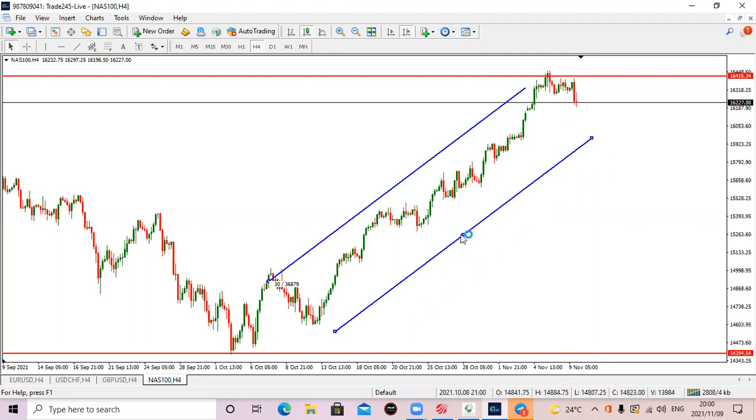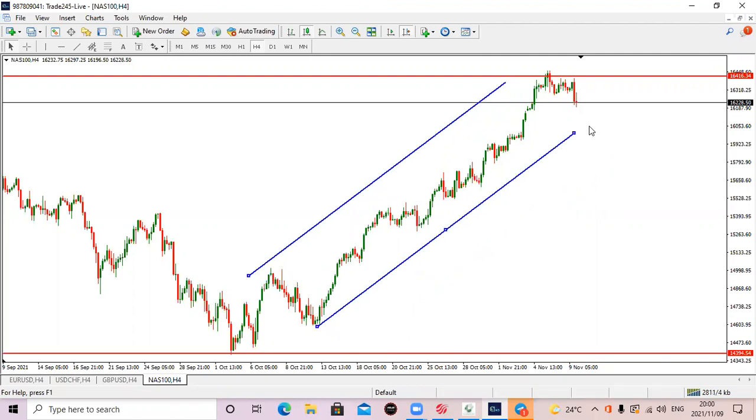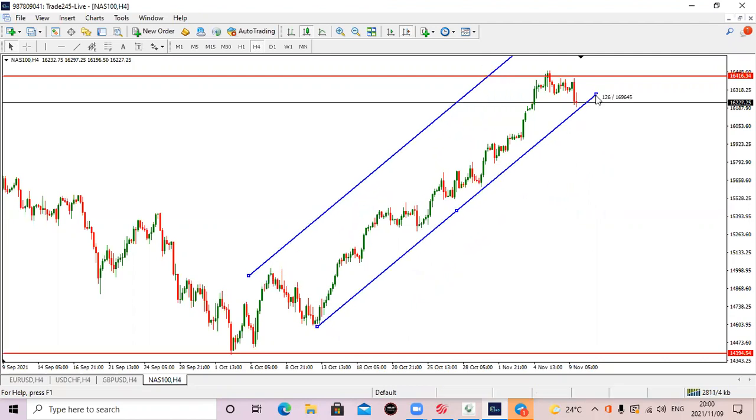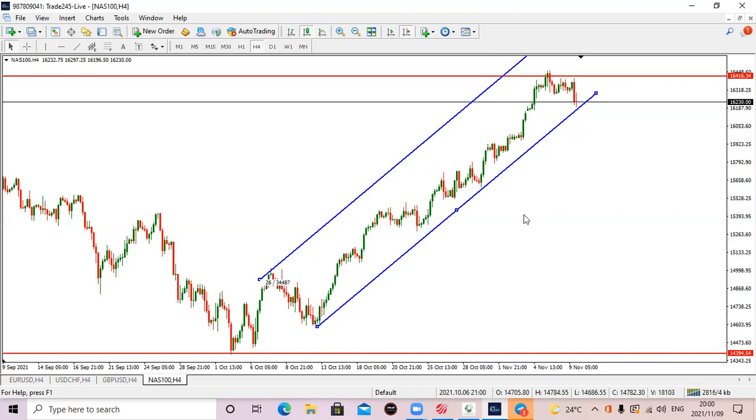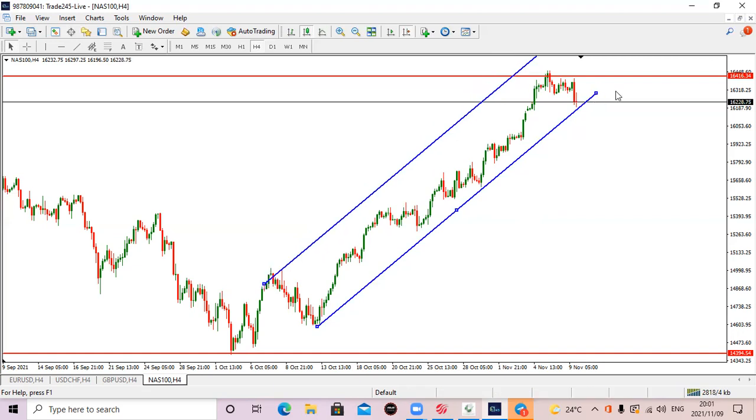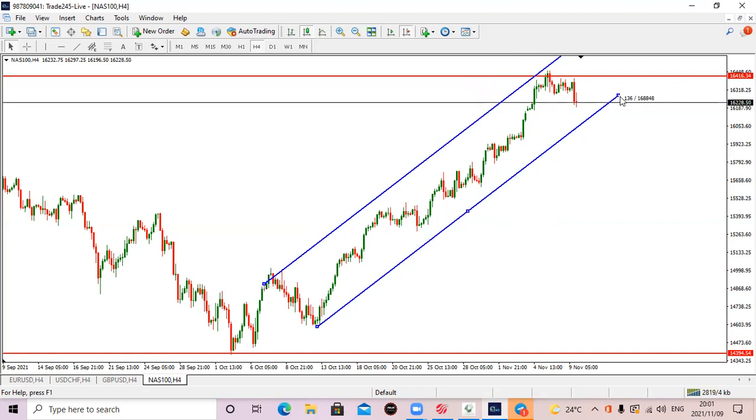Okay, so that's our structure. Let's just make sure our structure is actually valid.